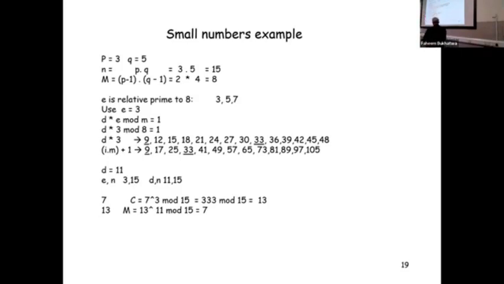To encrypt a number, the cipher message, I have the formula here: it is the data, 7, to the power of E, if we're using this key. If we are using the other key, it will be to the power of that, whichever key you want to use. It doesn't matter which key.